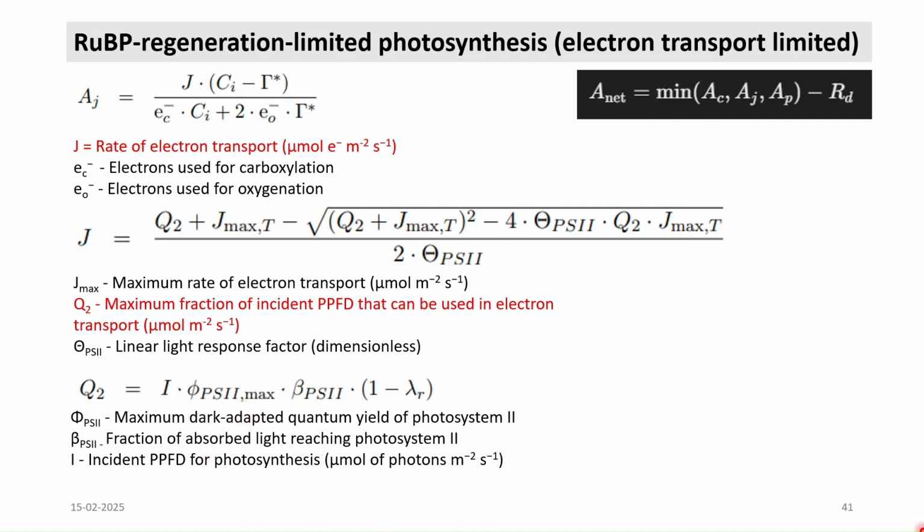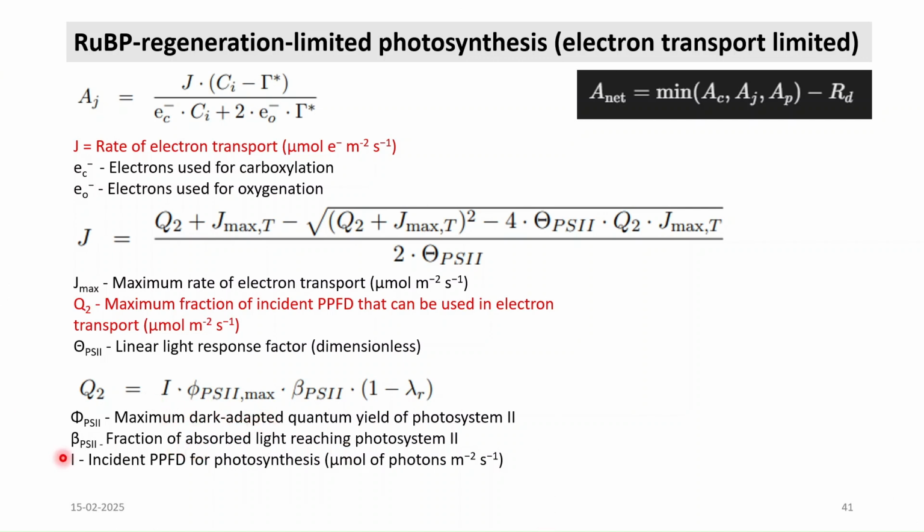Dark adapted quantum yield is, there are experiments where we close the leaf, keep the leaf and acclimatize it to a dark condition, and then open it and measure the rate of photosynthesis. So this practice of adjusting the leaf to a dark condition and then seeing what is the amount of light absorbed is called dark adapted measurement.